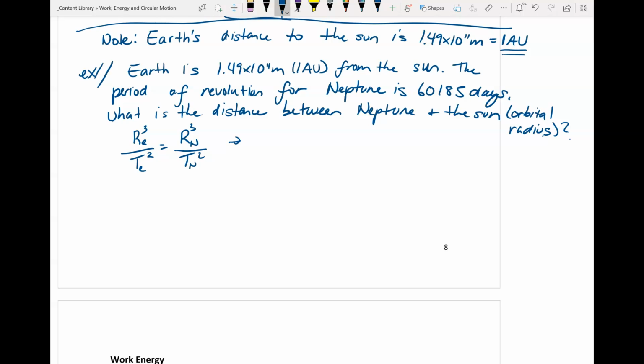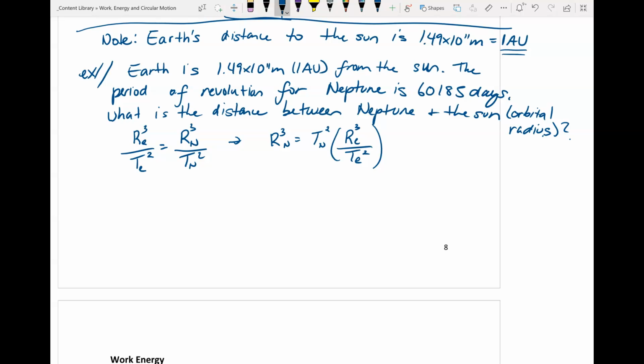So I'm going to rearrange this as r cubed subscript n. The distance between Neptune and the Sun cubed will be equal to the time period of Neptune squared multiplied by the distance between the Earth and the Sun cubed, divided by the time period of the Earth squared. All I did was multiply both sides by Tn squared to get this.